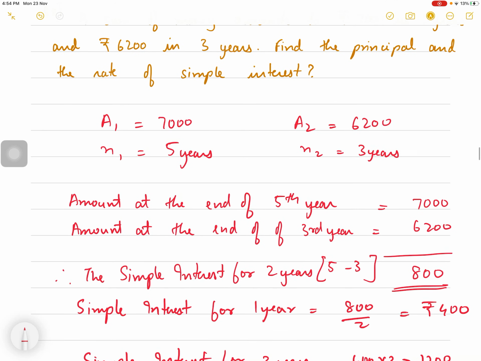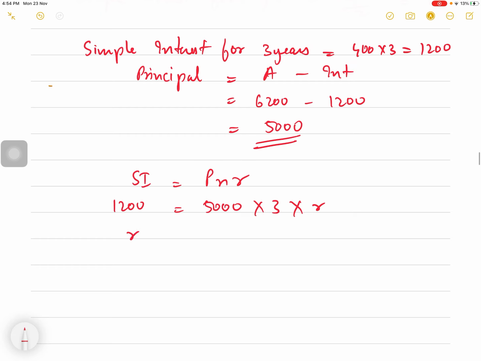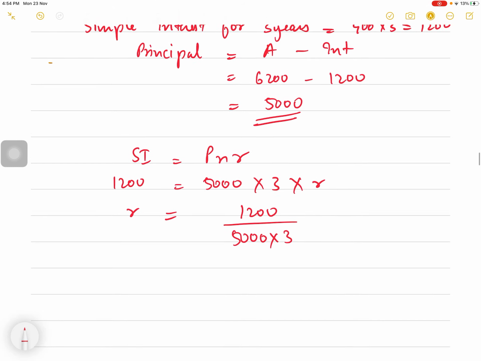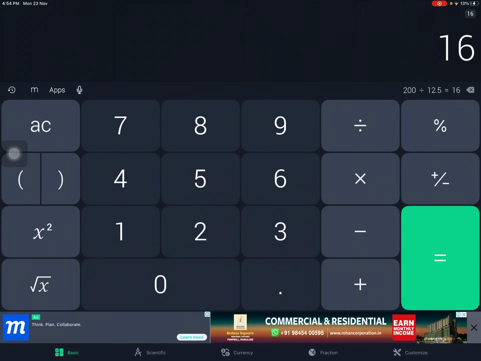Okay, and the rate of simple interest is also asked. So simple interest is equal to P into N into R. Simple interest for 3 years is 1200. Principal is 5000. N is 3 years, and you are supposed to find R. So R is equal to 1200 divided by 5000 into 3. Let's calculate this.